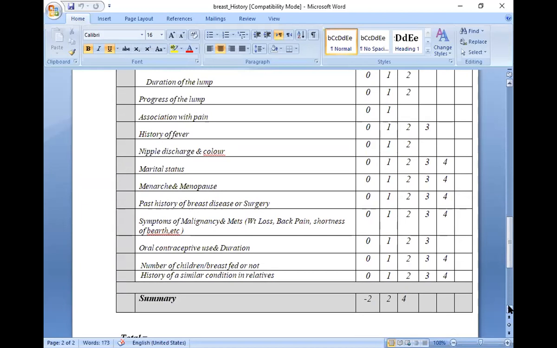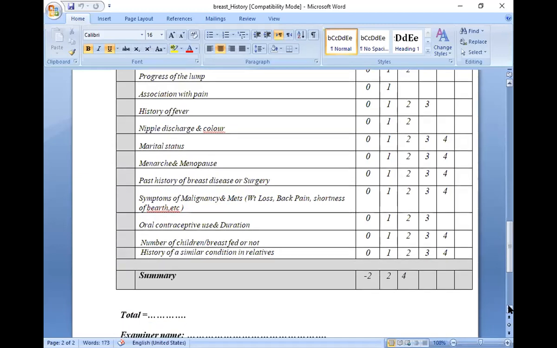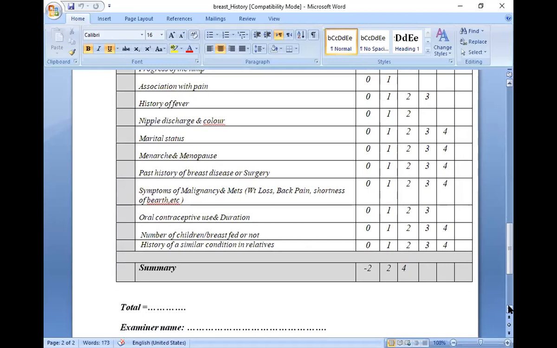Oral contraceptive use, in the drug history, and long-standing use of contraceptive pills. And breastfeeding history: number of children, breastfed or not, and history of a similar condition in the family. As you know, breast malignancy runs in families. So this constitutes the total. If the candidate gave a good summary, we give him 4 marks, because summary is very important in any history.